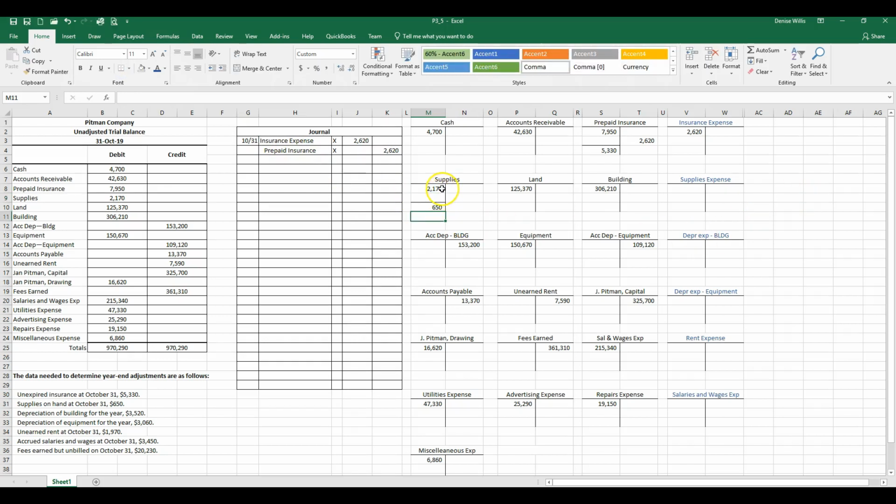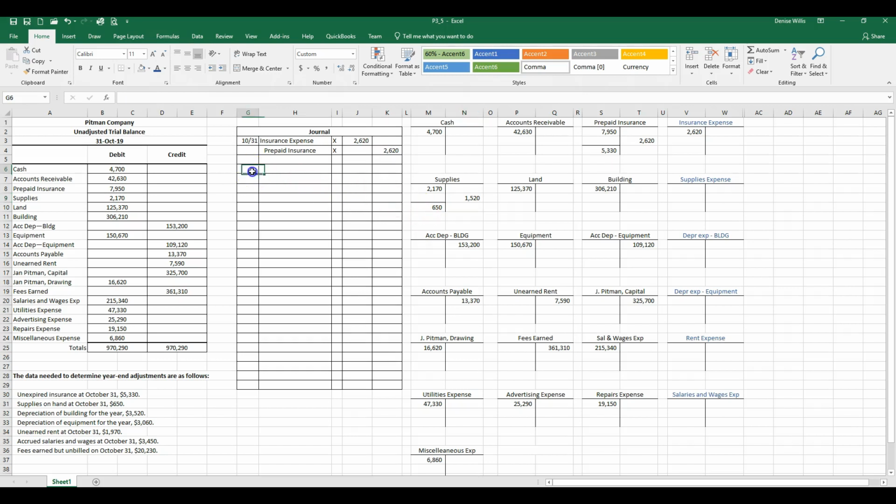So if we had $21.70 and we need $6.50, that means we have to reduce the supplies account. We would do that with a credit, the difference between the two. So let's take $21.70 and subtract $6.50, and we can see we need to take $15.20 out of the supplies account to make $6.50 be the actual ending balance.